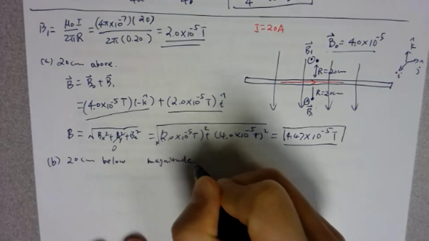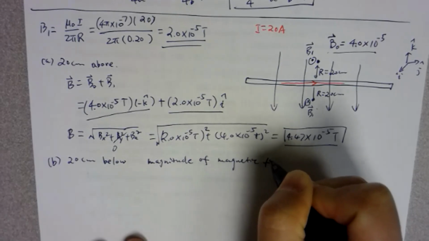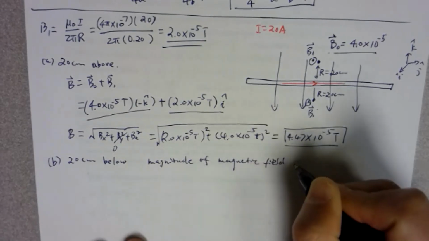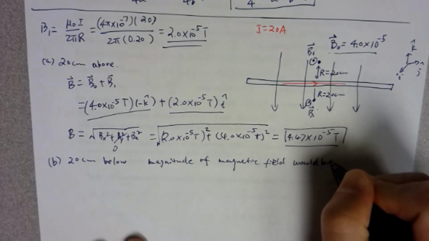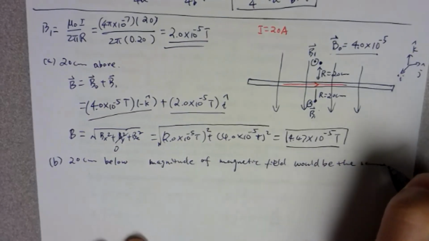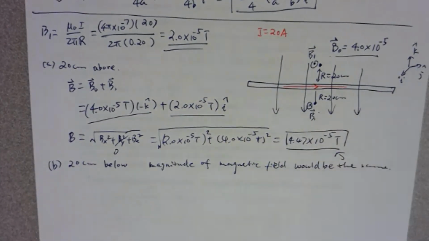The magnitude of the magnetic field will be the same as at 20 centimeters above.